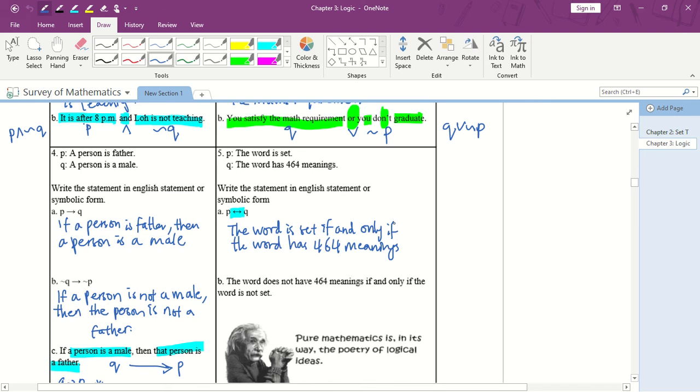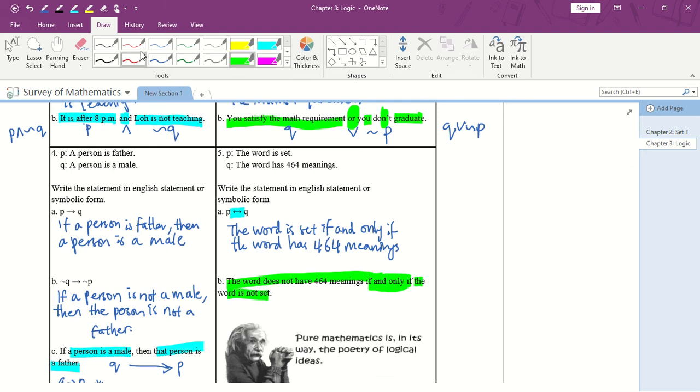Okay, easy, right? So let's try. How about this one? The word does not have 464 meanings if and only if the word is not set. Okay, so let's look at it. The word does not have 464 meanings, which means that it is a negation Q. And if and only if, so we know that it uses the double arrow sign.